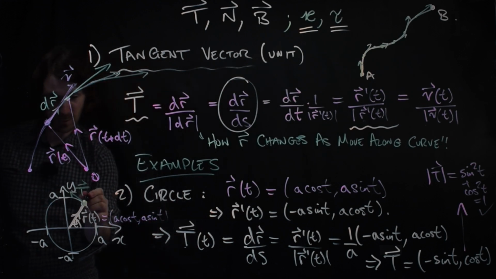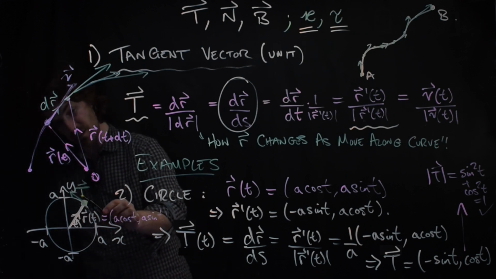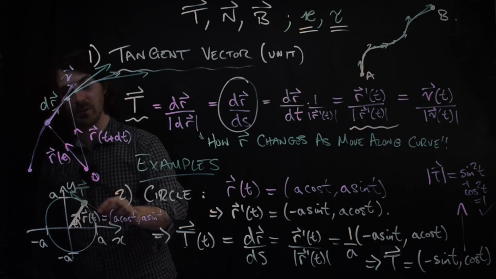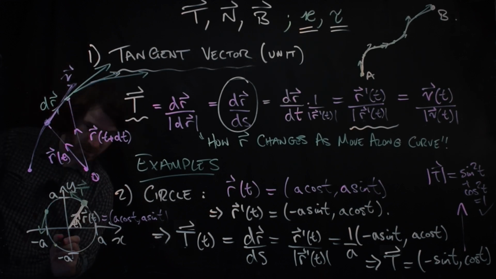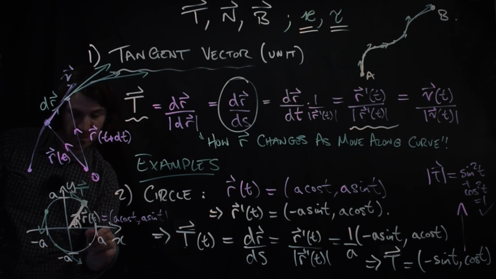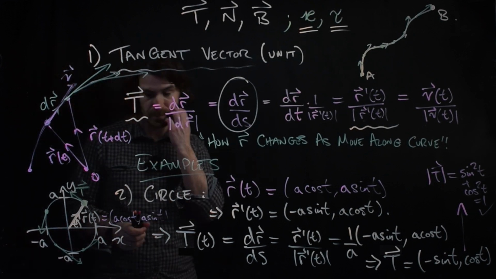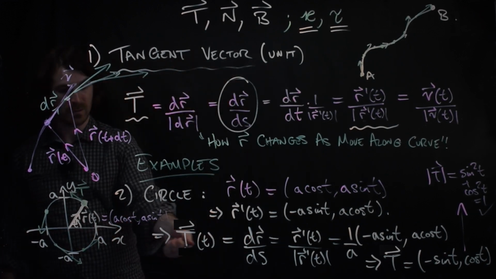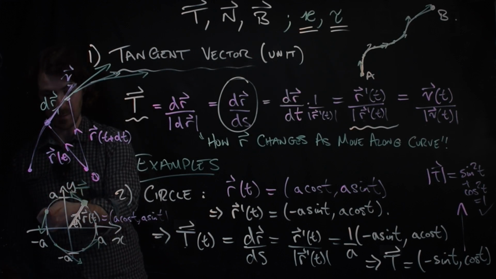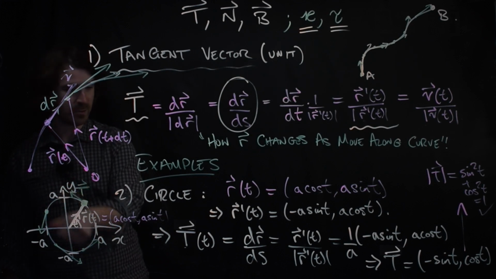So if you're going round a circle, your instantaneous velocity points in a tangent to the circle. At this point, the tangent vector is in this direction, at this point in this direction, and at this point in this direction. You can see this tangent vector changes as you change t, because changing t changes the position on the curve at which you are.